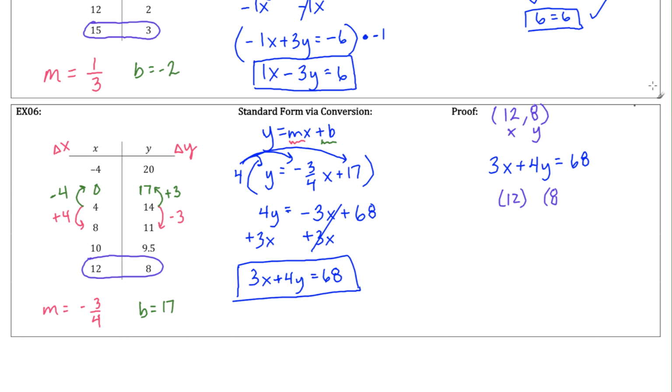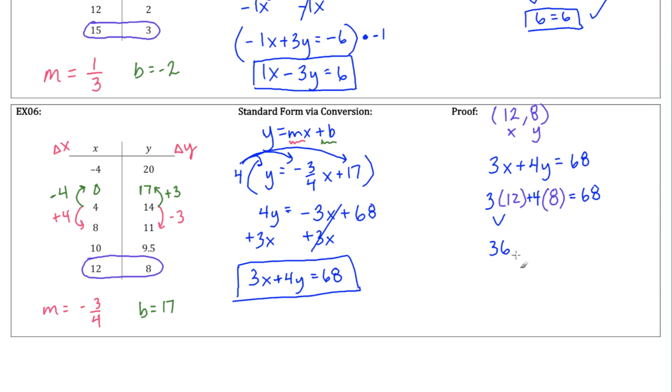I don't know why that's starting to look so weird. I guess that's better. Okay, so we get 3 times 12 plus 4 times 8 should give me 68. 3 times 12 is 36.